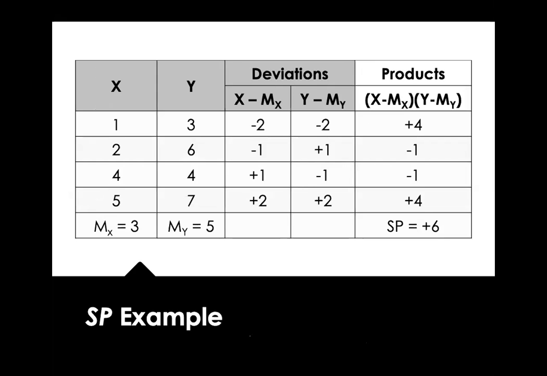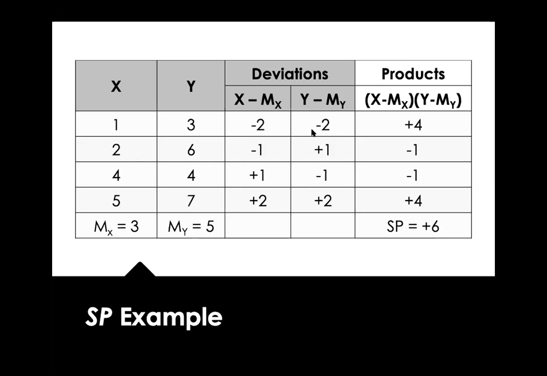Okay, so here we are. Calculated the mean of x's to be 3 and the mean of y, so just the average of these values here, to be 5. And so I'll do the first one with you. 1 minus 3 is negative 2. Y here, 3 minus mean of 5 is also negative 2. Then you're going to multiply across.